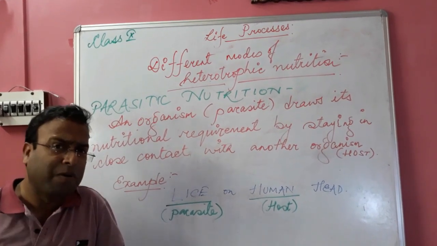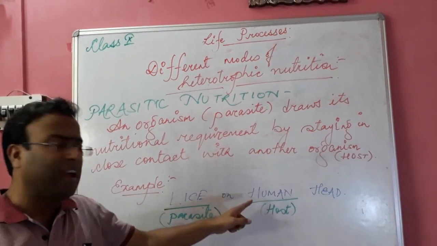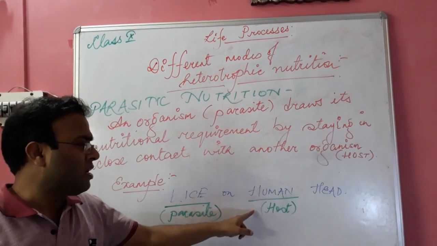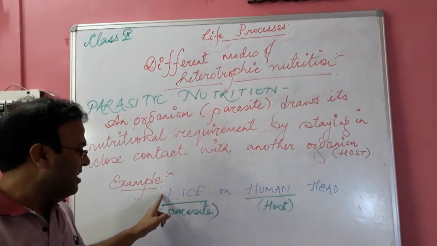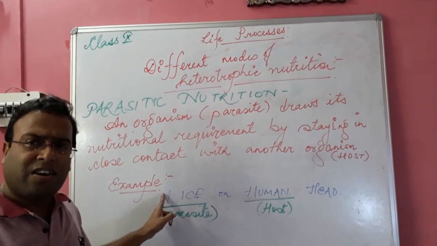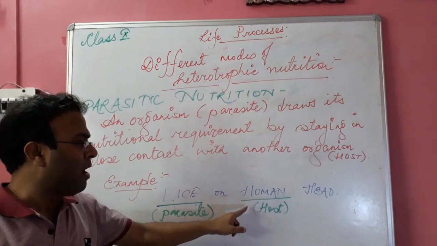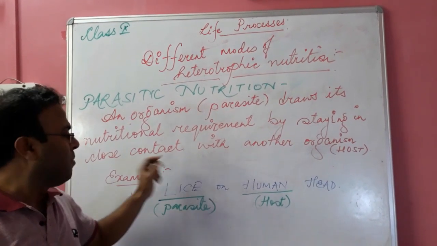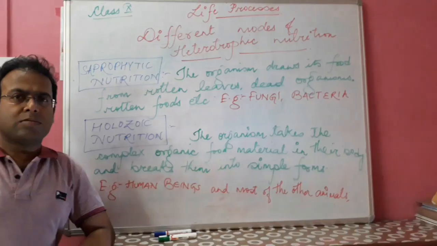Okay. For example, the lice, which you get on human heads. The lice is a parasite and the host is the human head. The lice will get its nutrition by sucking blood from the head of the humans. And this is a perfect example of parasitic nutrition.